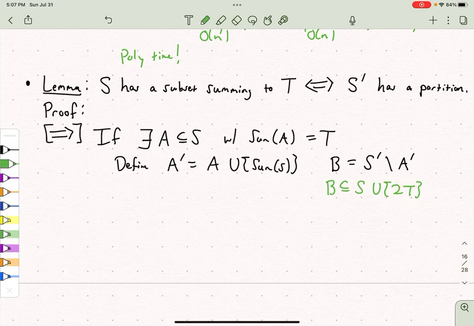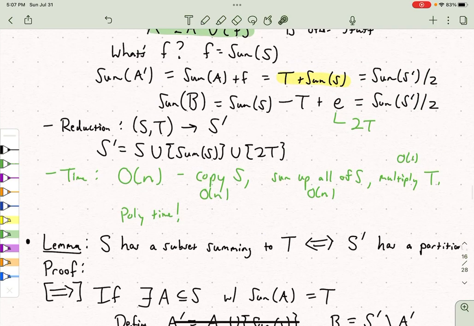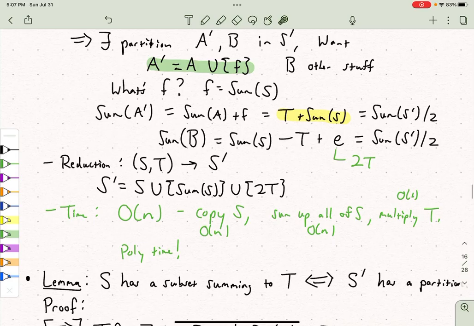And similarly, A prime is contained in the set S union the sum of S. So just as we thought before, the two new elements we constructed, one of them goes in the left side, the A prime side, and the other goes in the right side, the B side. And you can think of this as just designed to balance out what we did here. So F is designed to help you identify A, and E is designed to keep balance between the two halves.